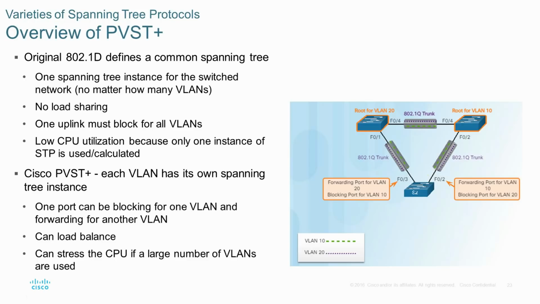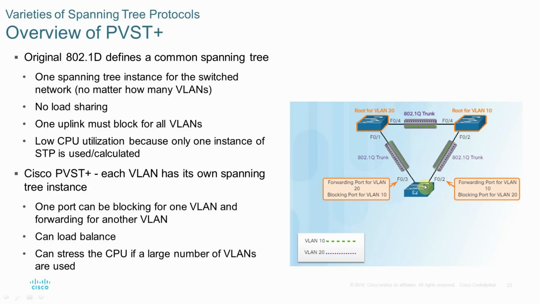But in PVST, each VLAN has its own spanning tree instance, so one port can be blocking for one VLAN and forwarding for another VLAN. In the example here, this link is a forwarding port for VLAN 10 but a blocking port for VLAN 20, and this other link is a forwarding port for VLAN 20 but blocking for VLAN 10.